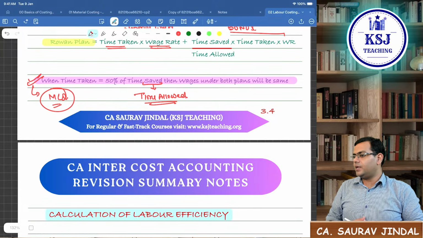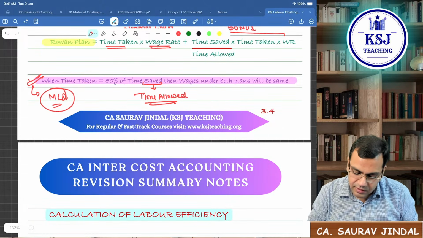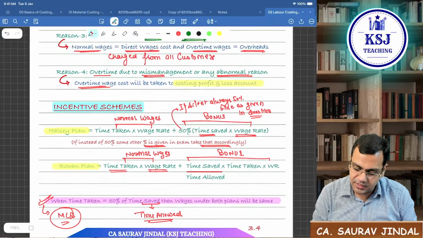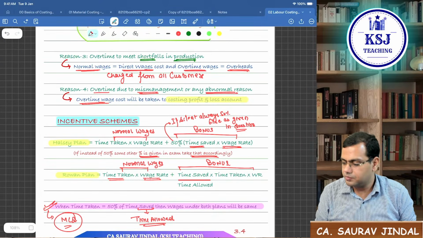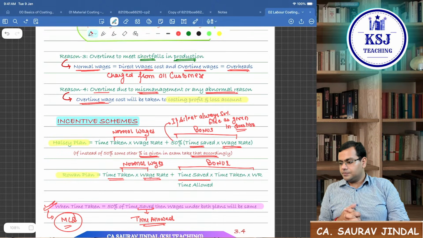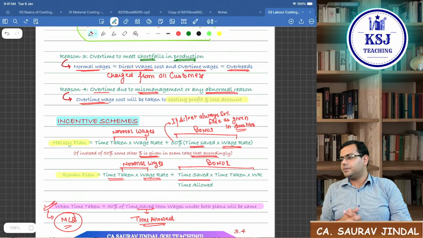Is that clear, everyone? Halsey and Rowan plan is clear, and this system of wage payment is clear. Please let me know if this much part is clear to you. Yes, everyone, please let me know if this much part is clear.